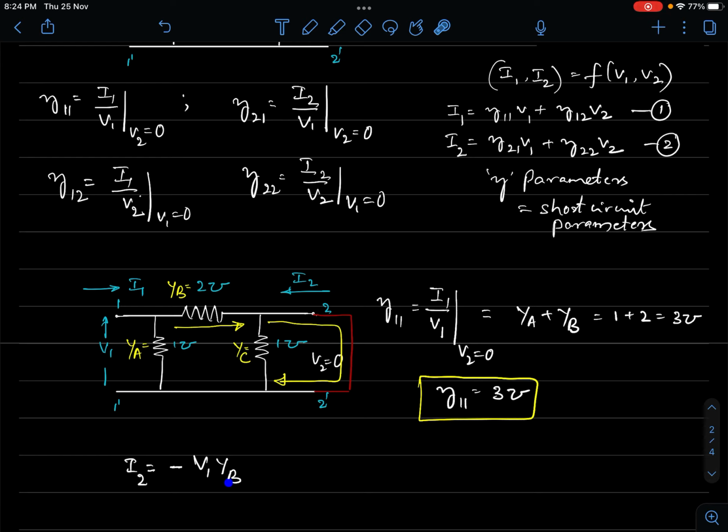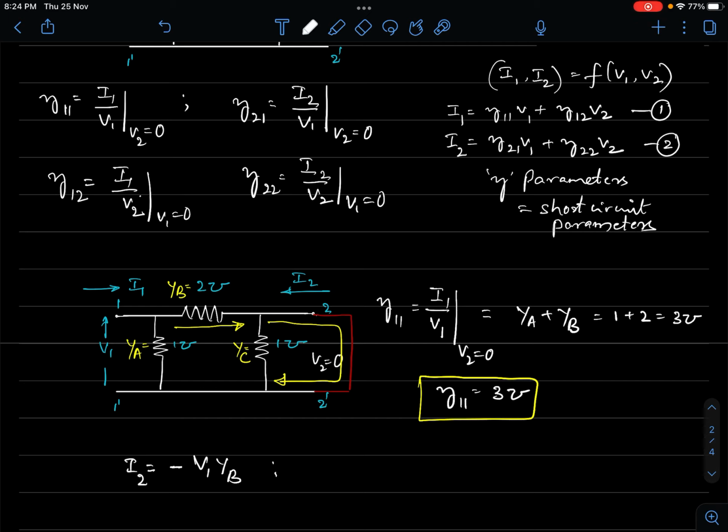So actual current is negative of the conventional current. How do you determine the magnitude of current? It is voltage times the admittance, because voltage divided by impedance is the current, voltage multiplied by admittance is the current, right? So if we can get the relationship, we will get our y21.